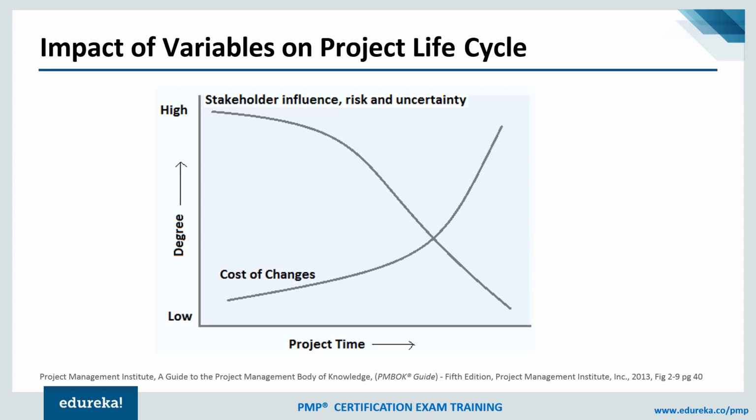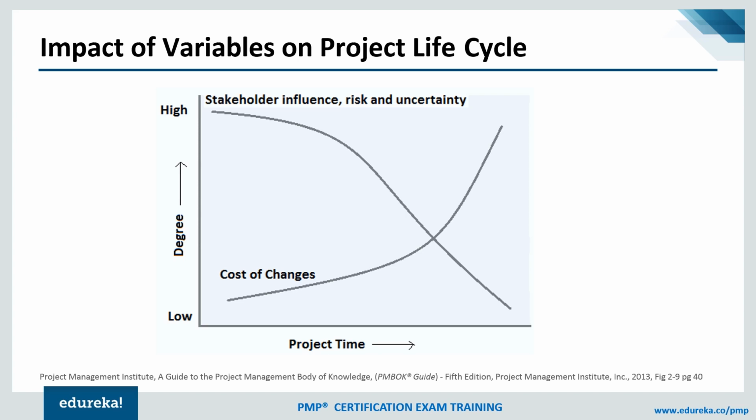So as you move ahead, your uncertainty and the risk will start to come down, and these variables are taken care of during the extensive planning stage. Okay, as we move ahead in the project, there may be changes due to stakeholder influence. Let's say some part of the work is done and now they want you to make some more changes, some alterations to the scope.